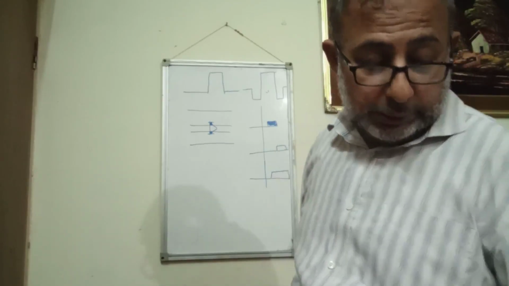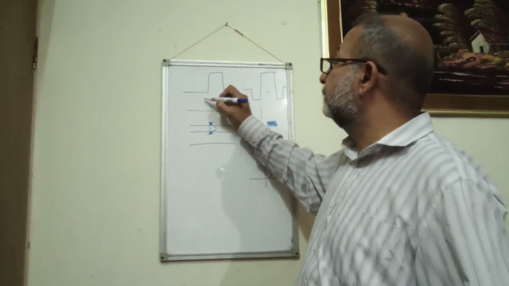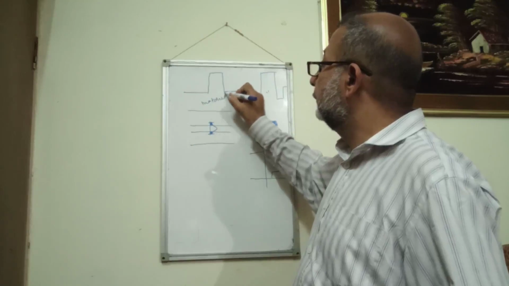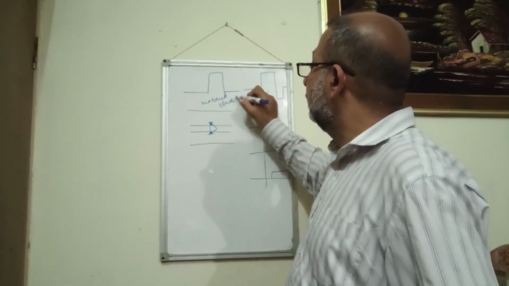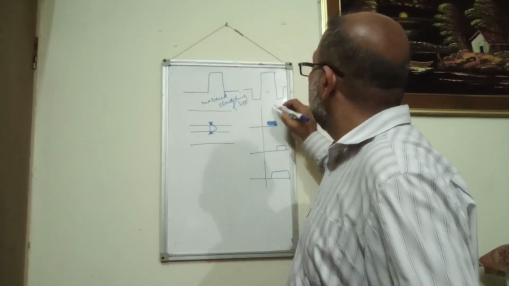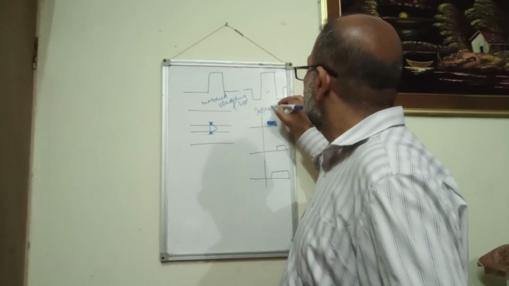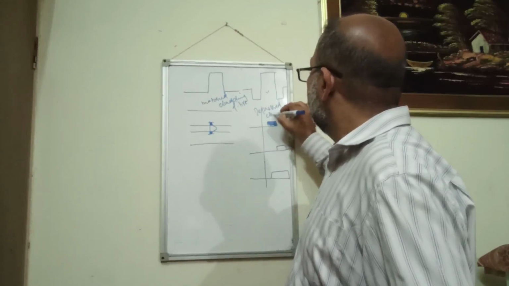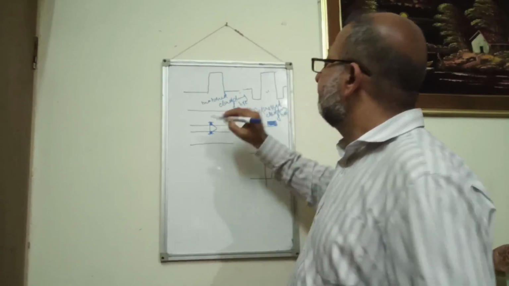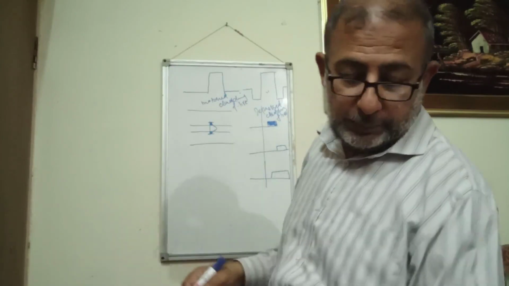This was called the matched cladding fiber, while this was the depressed cladding fiber. The matched cladding fiber is also called the conventional fiber.